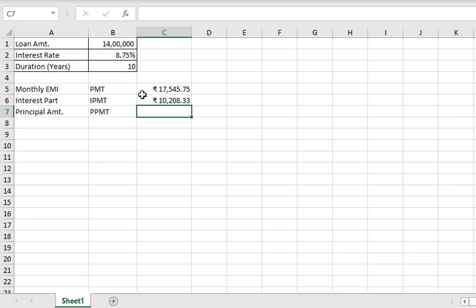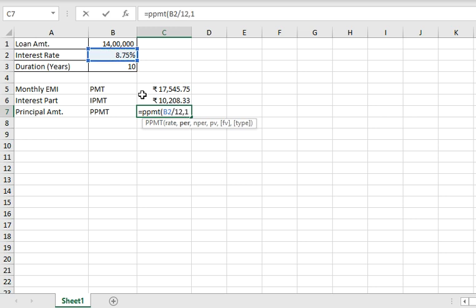Then we would like to know what the principal amount is. The principal amount is the total monthly EMI minus the interest part, whatever amount remains. To calculate it here, go with PPMT. Rate is 8.75 divided by 12.